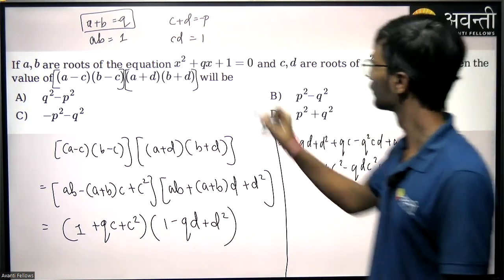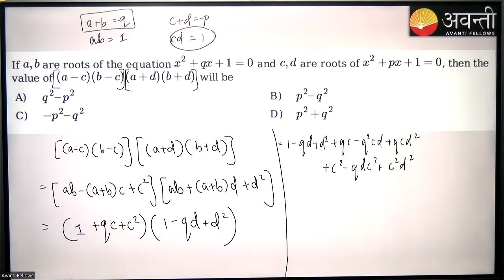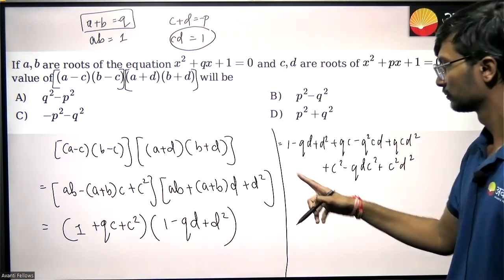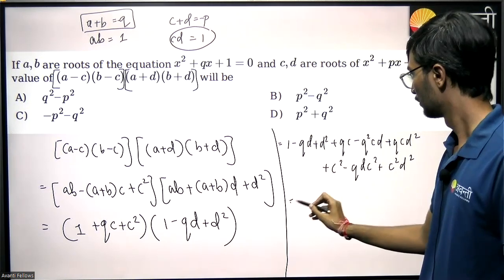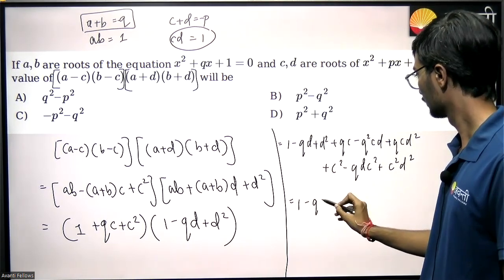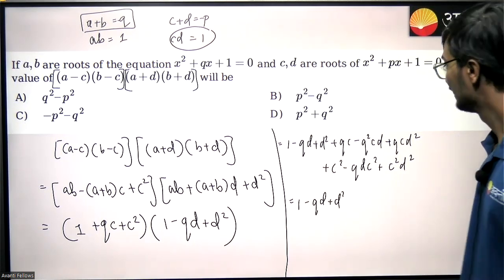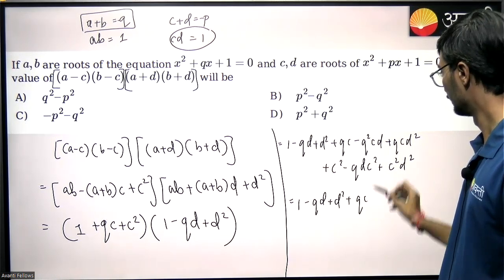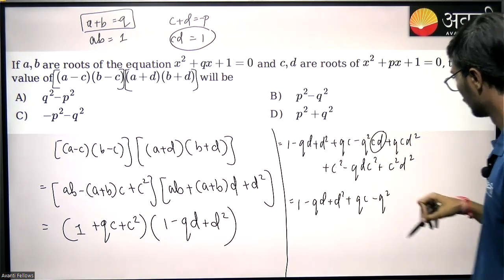Now we'll use this: cd is equal to 1. So I'll get 1 minus qd plus d square. cd is equal to 1, right? So plus qc. Here I can write cd, so minus q square. This will be 1.